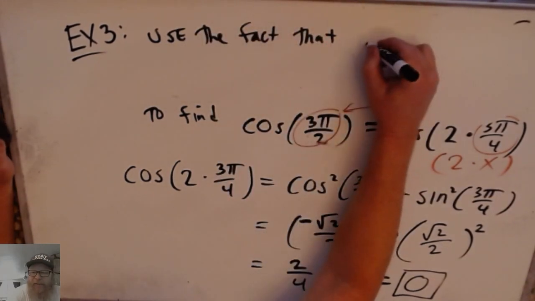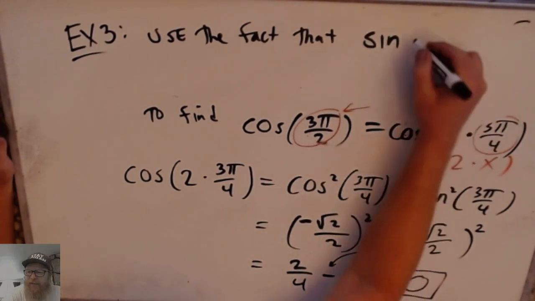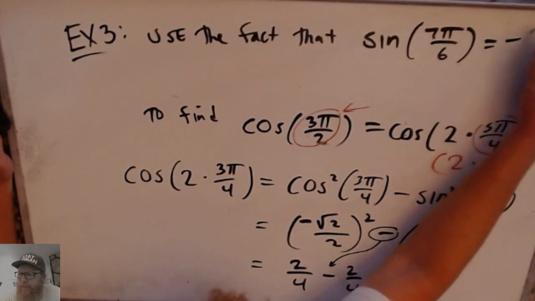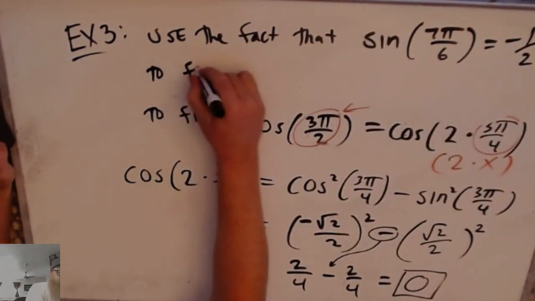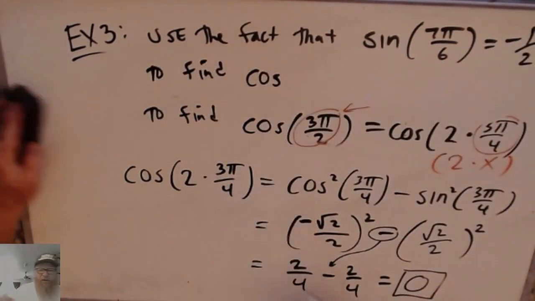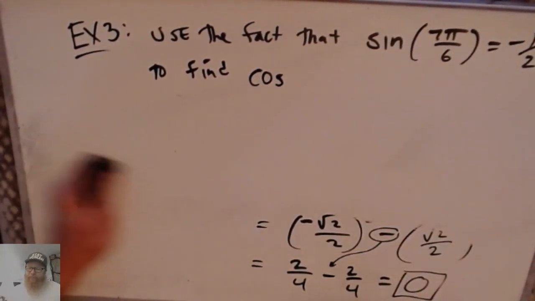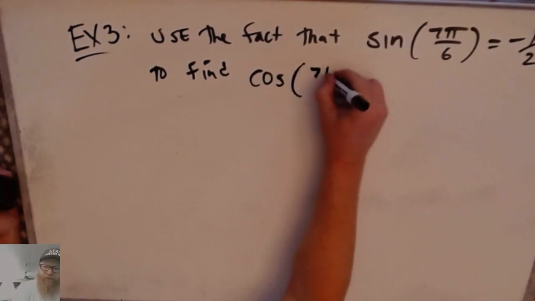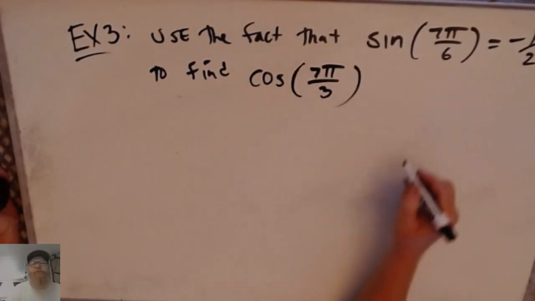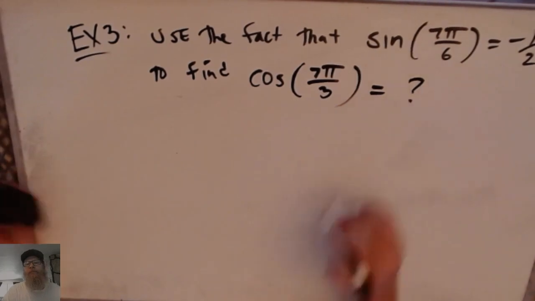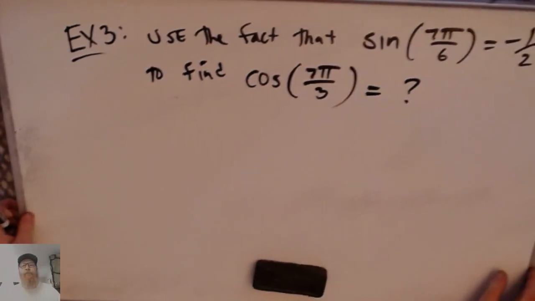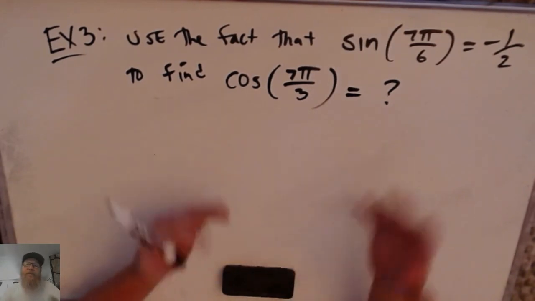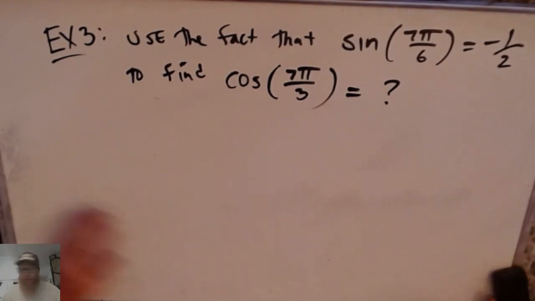Use the fact that sine of 7 pi over 6 is equal to negative 1/2 to find cosine of 7 pi over 3. This is the reason why we have the alternate versions.